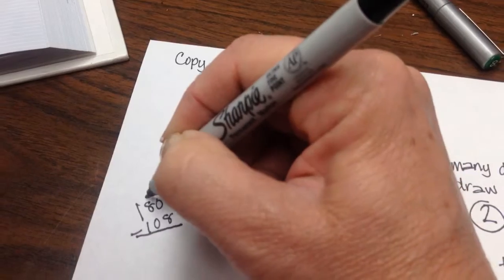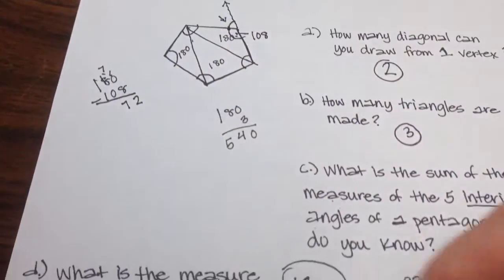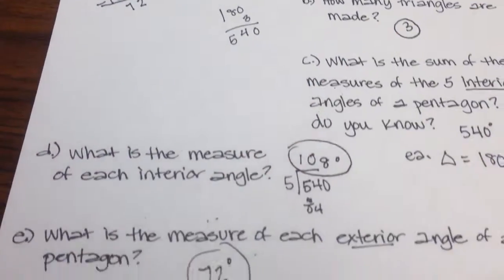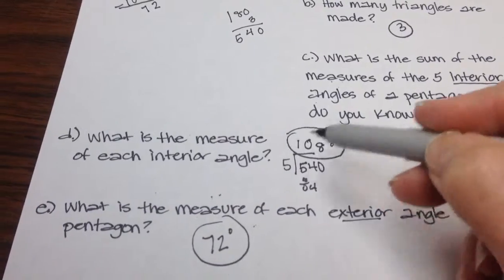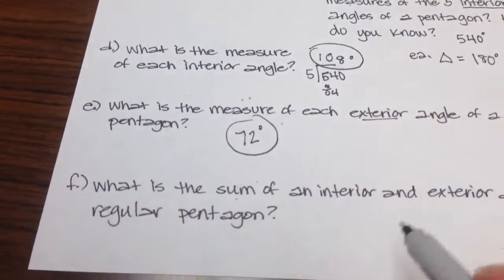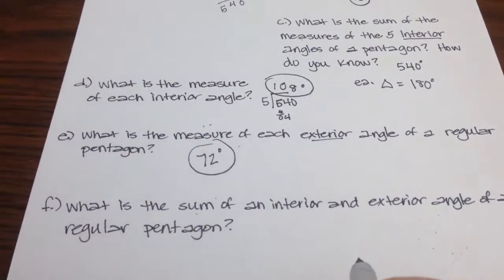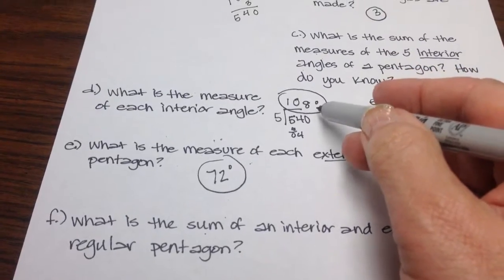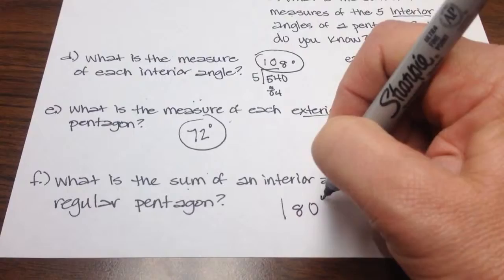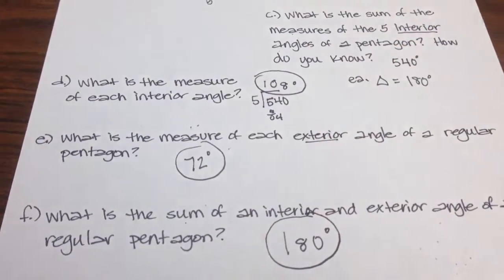And I will get 72. So each exterior angle is 72 degrees because the interior and the exterior must equal 180. So what is the sum of an interior and one exterior? Well, I just told you, didn't I? 108 plus 72 would be 180 degrees. Bammo. See? Pretty easy, right?